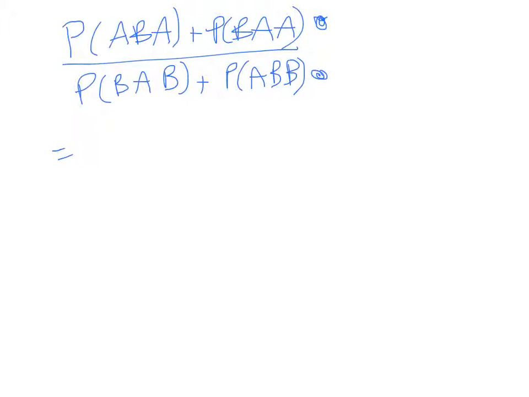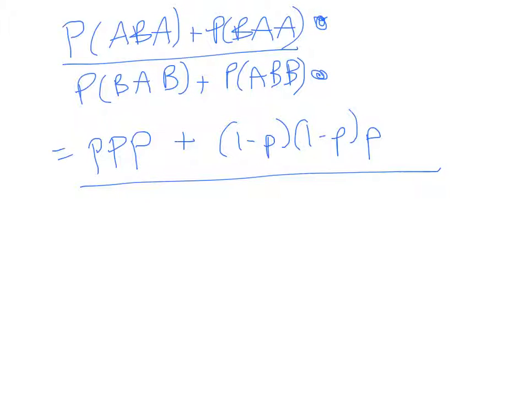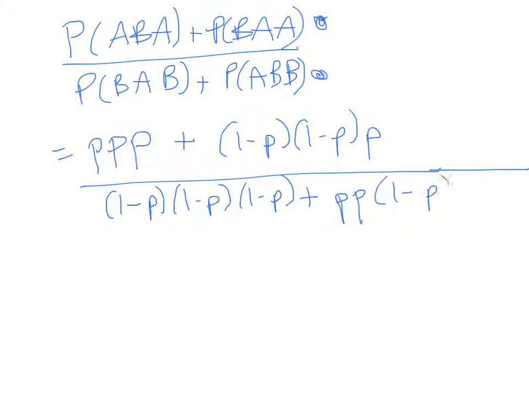So the probability of ABA is equal to P times P times P plus 1 minus P, 1 minus P, and P, divided by the probability of BAB, which is going to be 1 minus P for A winning, and 1 minus P for B winning, plus probability of ABB, which is going to be P times P, 1 minus P. You might need to pause the video and just go back to the tree diagram, make sure that you can check each of those.